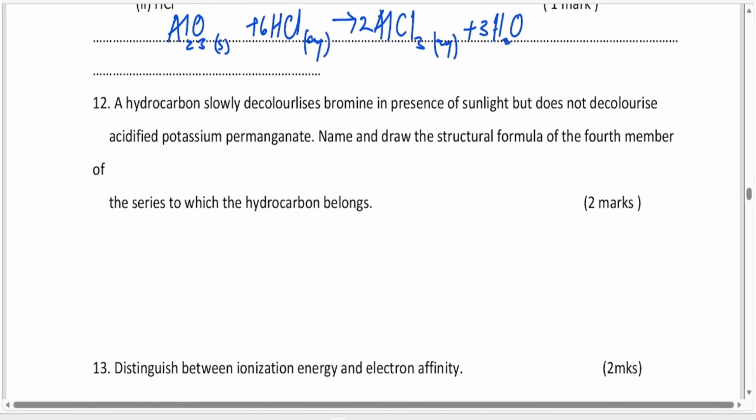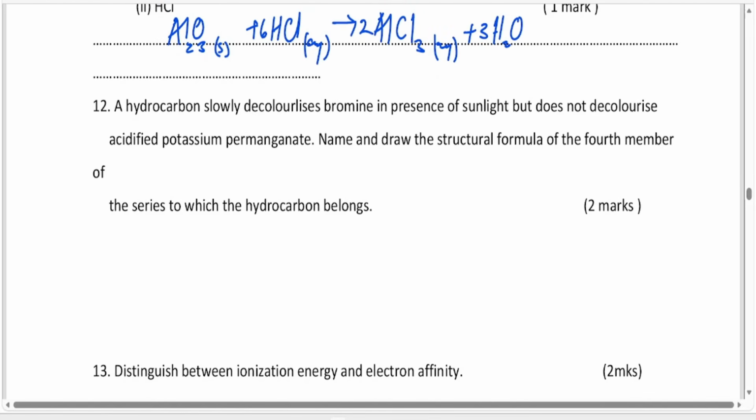Students, we need to understand that among the 3 hydrocarbons that we know, that is alkanes, alkenes and alkynes, we have alkenes and alkynes being in a position to decolorize potassium manganate 7 because they have the double and triple bonds respectively.